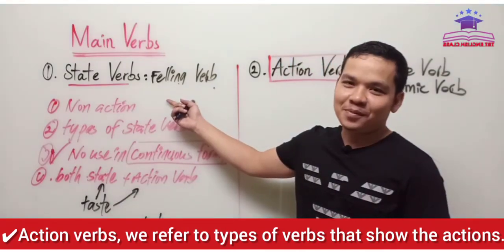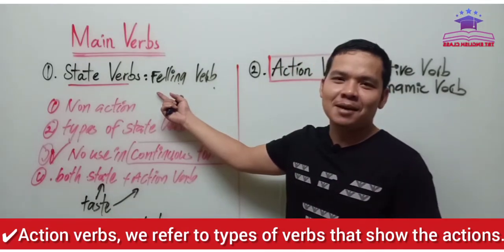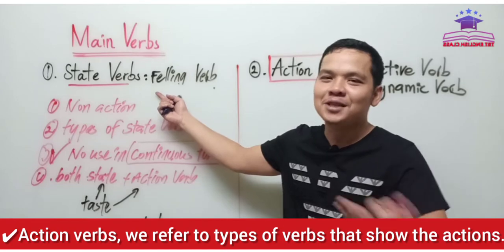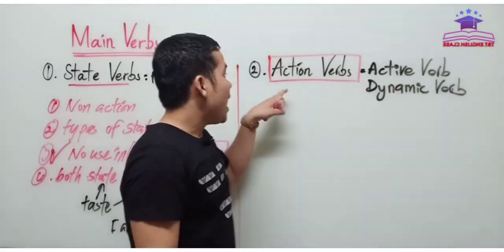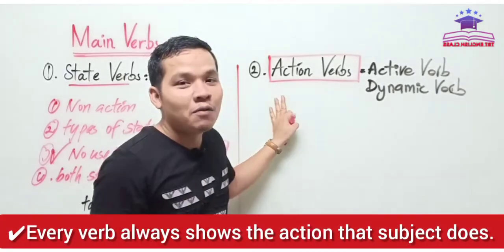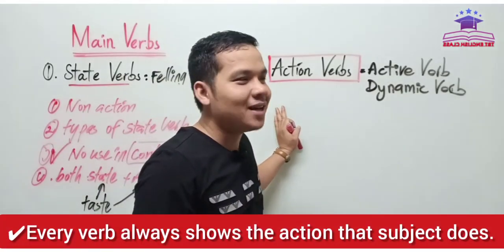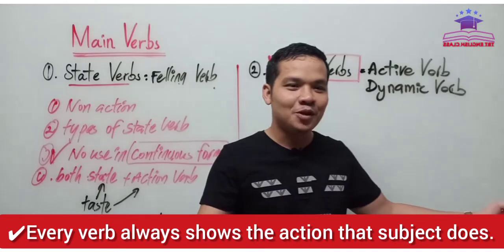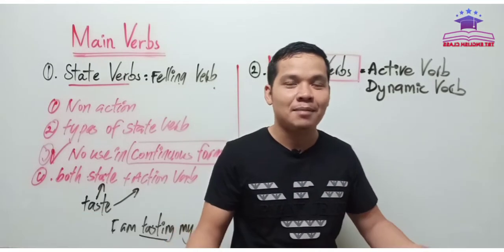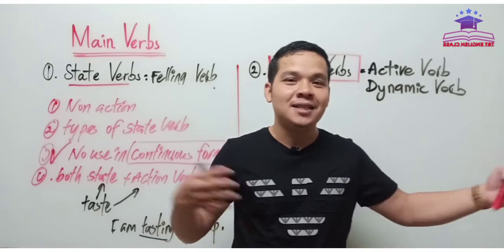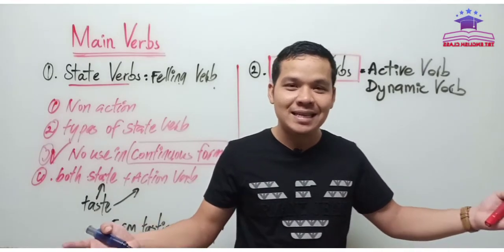Opposite to this, the last lesson let you see about feeling verb. We don't see the action, but this one lets us see the action. Action verb means every verb always shows the action that we can see by what the subject does, like appearance, performance or activity, some activities that the subject is doing.